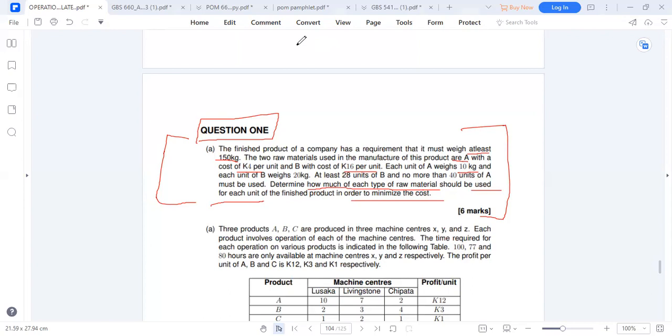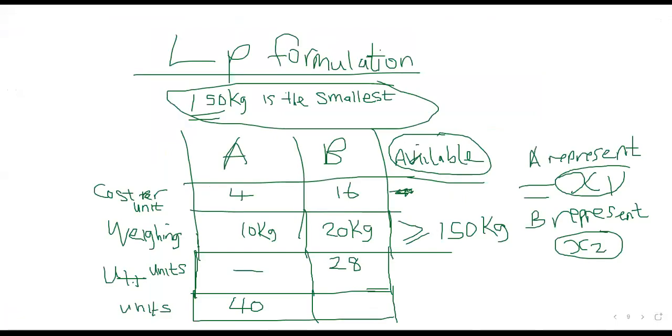So we are going to use the same information here to say this one is x1, then this one is x2. So we need to come up with the objective function.